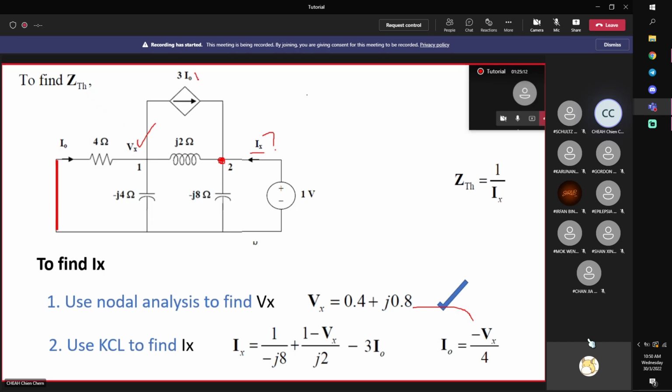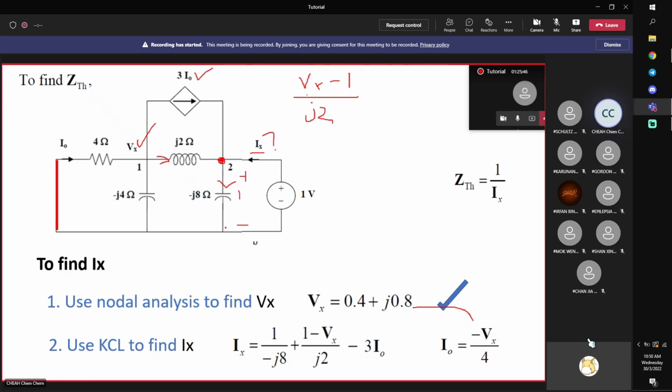If I0 is known, 3I0 is also known. If Vx is known, then this current, which is Vx minus 1 divided by j2, is obviously known. The same thing over here, this is a known current, which is 1 volt divided by negative j8.